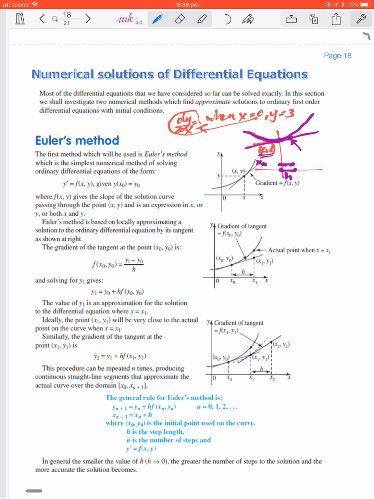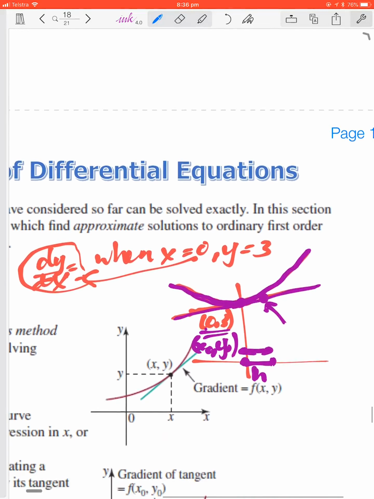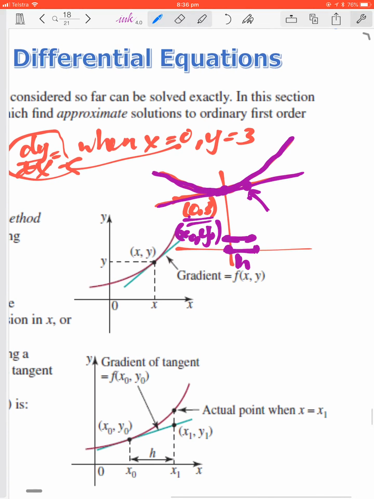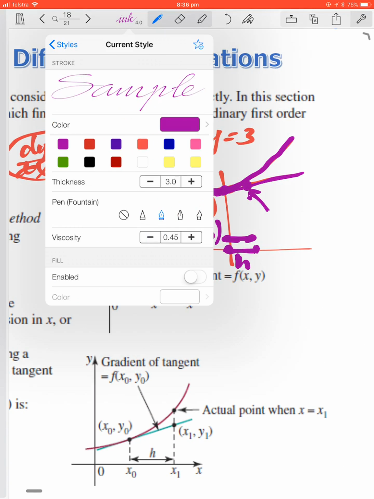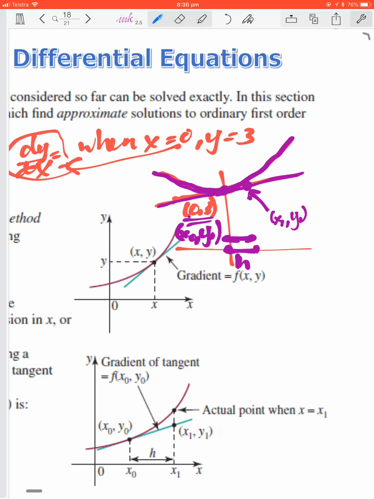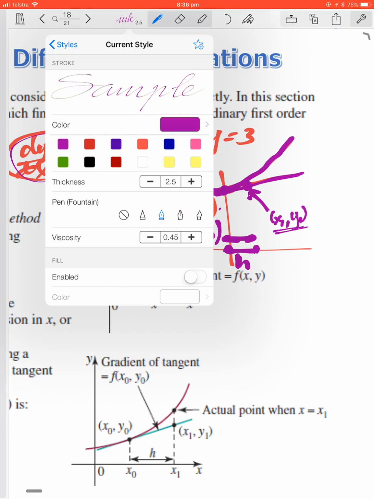So that's x0, y0. And then we've got another point here, which we call x1, y1. That's our new value. And then we use this value and the fact that we know what the gradient is to create the gradient of the original equation at this point, which would be like that.